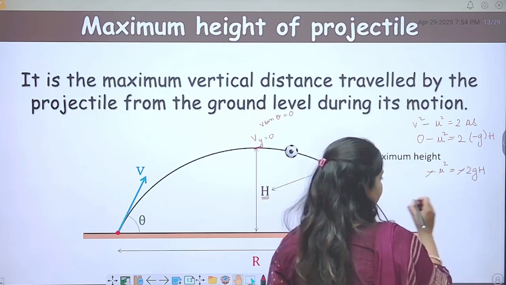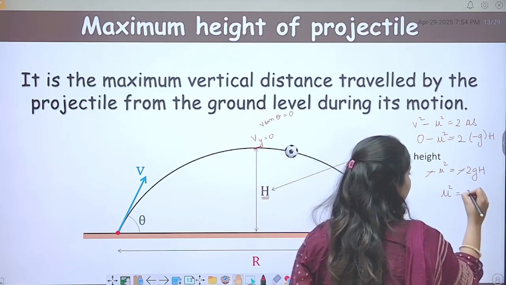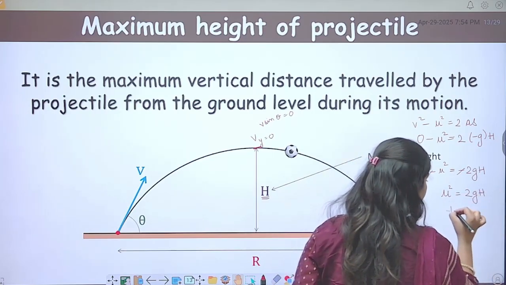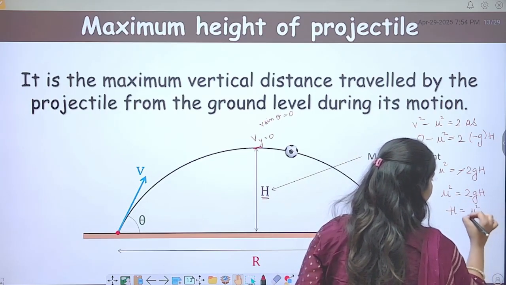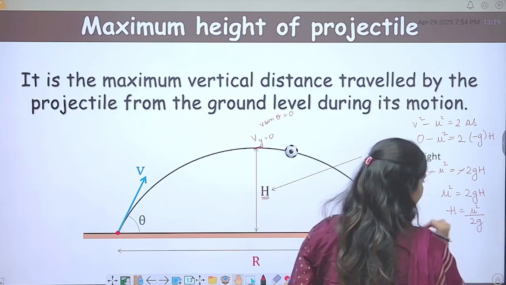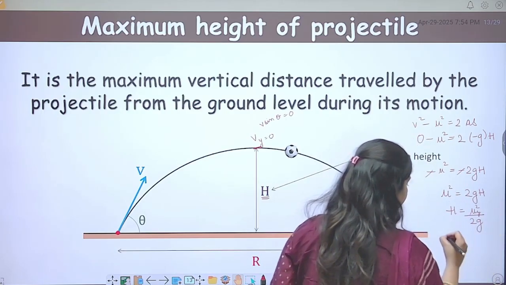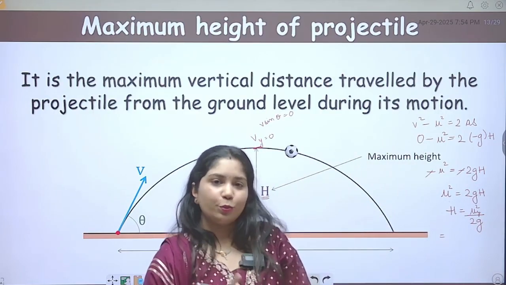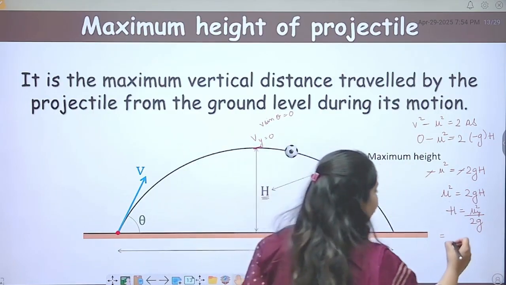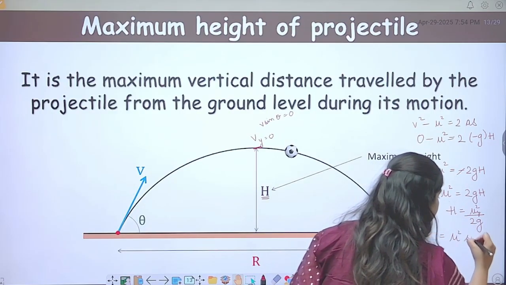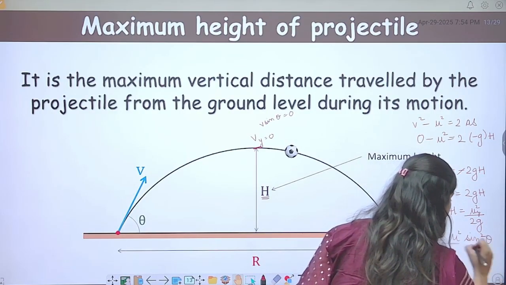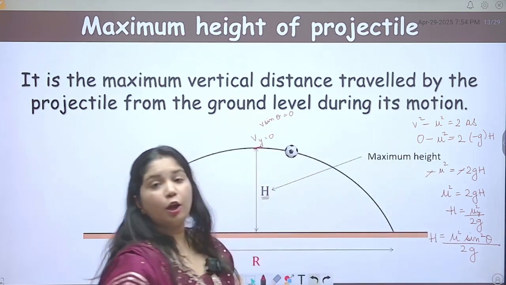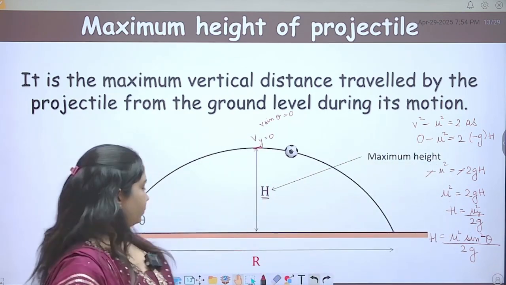Negative to negative is cancelled. So, u square is equal to 2gh. From here, h is equal to u square by 2g, and we are talking for the y component. So, in place of uy, we can write u sin theta. So, u square sin square theta by 2g. This is the formula for maximum height.